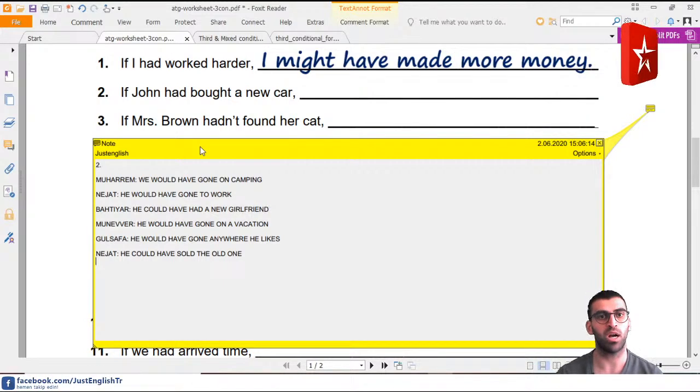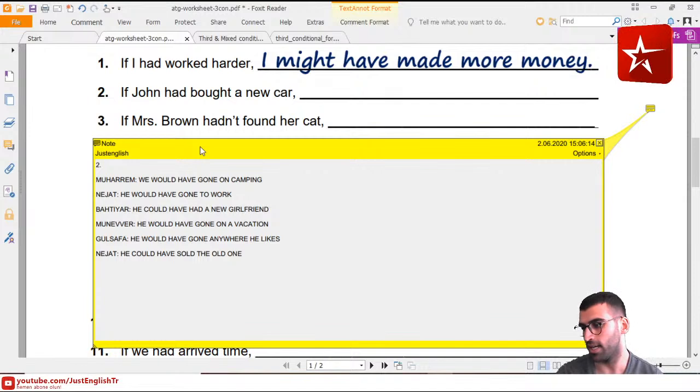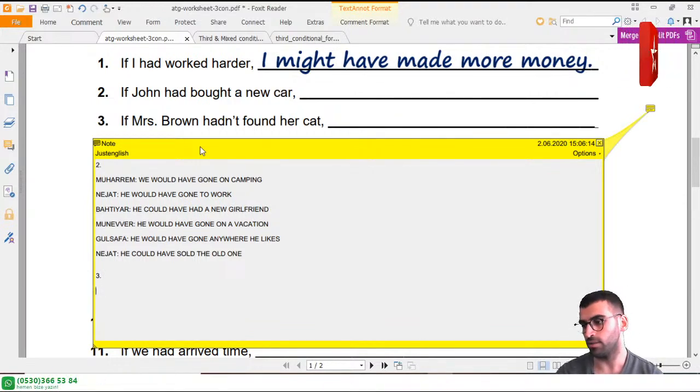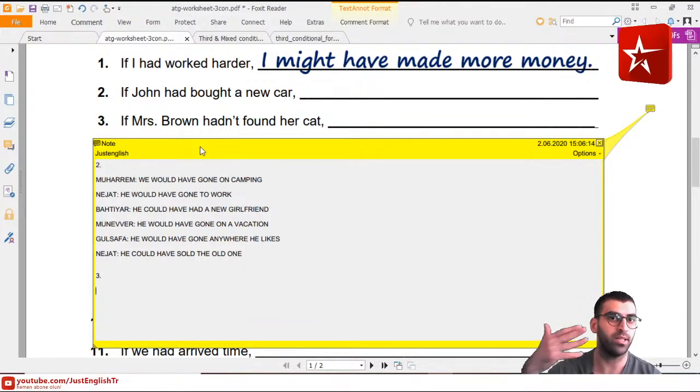Number 3, if Mrs. Brown hadn't found her cat, what would have happened here? For number 3, we have to complete the sentence by using our own ideas.